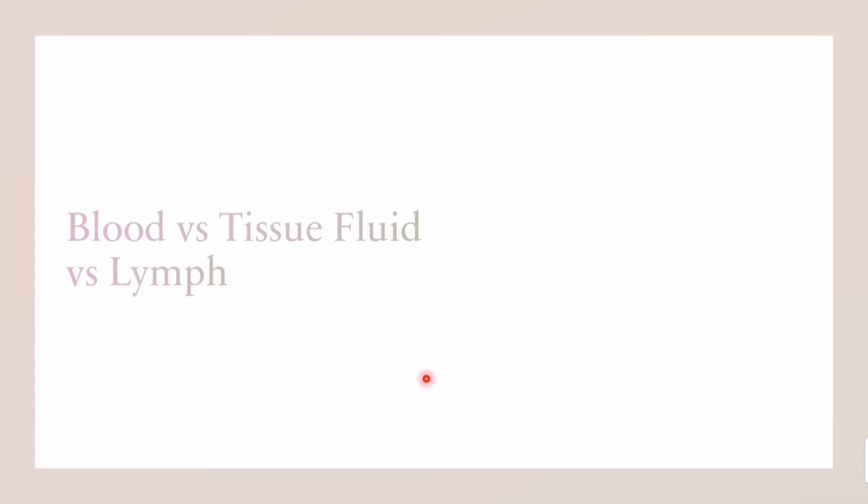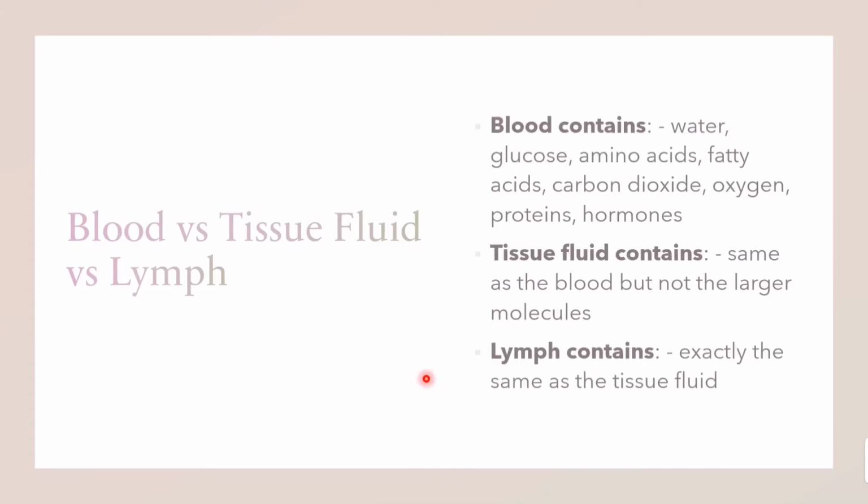So more on blood versus tissue fluid versus lymph: blood contains water, glucose, amino acids, fatty acids, carbon dioxide, oxygen, protein and hormones, along with many other types of cells, but these are the molecule components in the blood. This is the fluid that it contains and it transports.